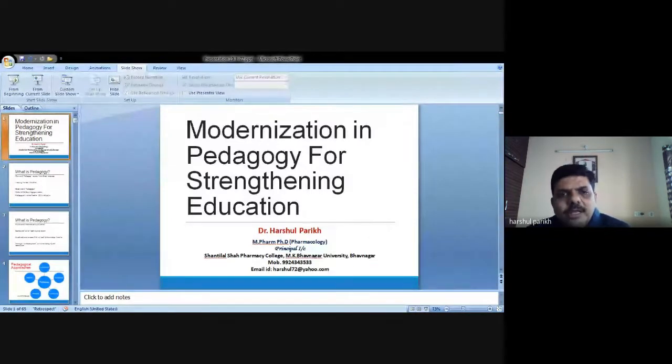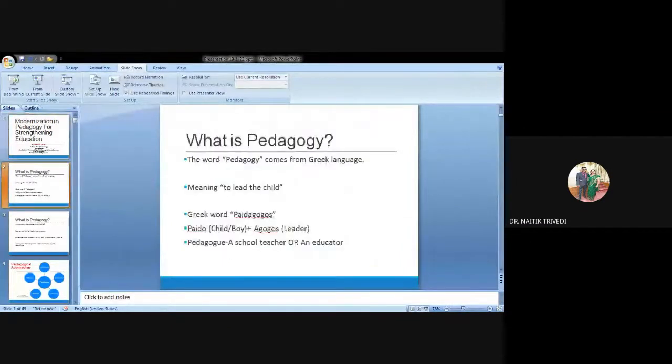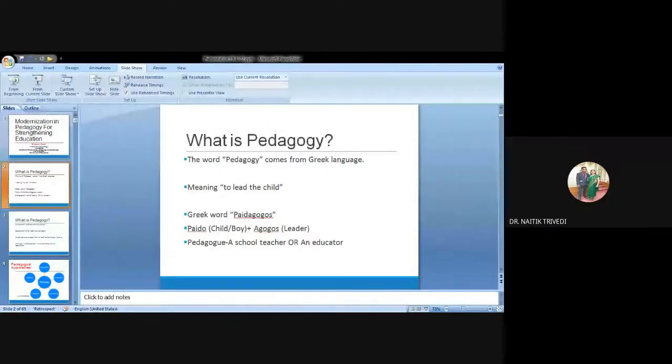Sir, the slide is not in full mode. It's showing the sidebar and the slide. The slide is not in presentation mode.